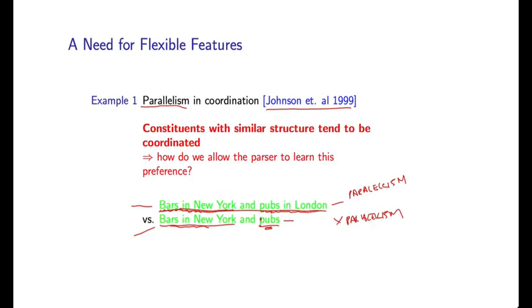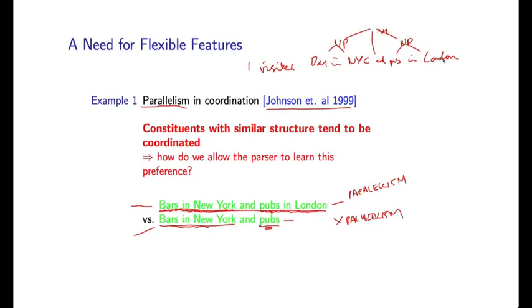And this kind of preference can come in useful when we're trying to disambiguate structures. So if I say, for example, I visited bars in New York and pubs in London, there are going to be a few parses here, and some of them are going to include this sort of parallel structure where these two things are noun phrases and they're coordinated. And some of these structures will not include these two parallel structures being coordinated.